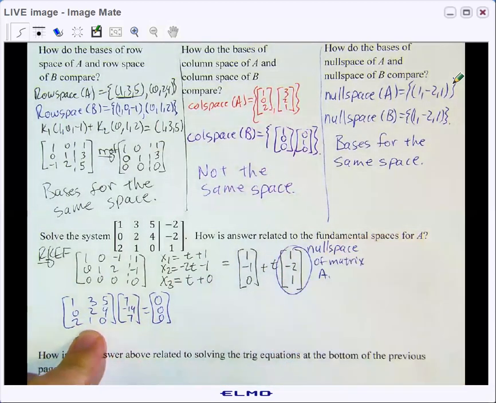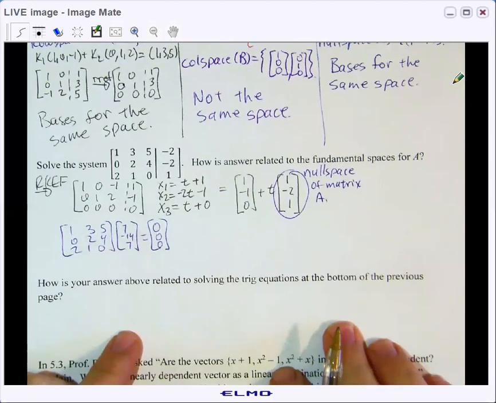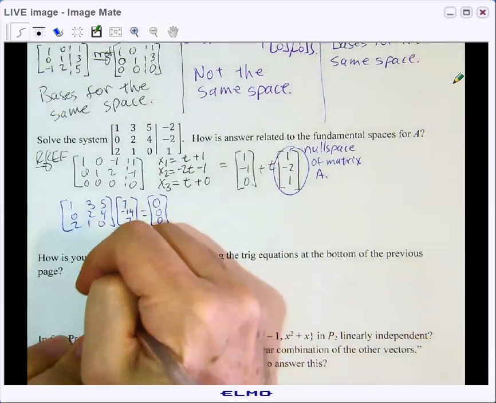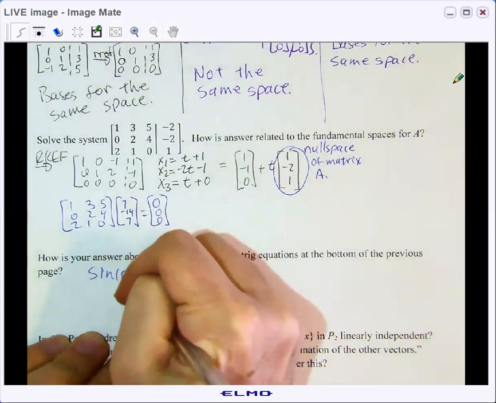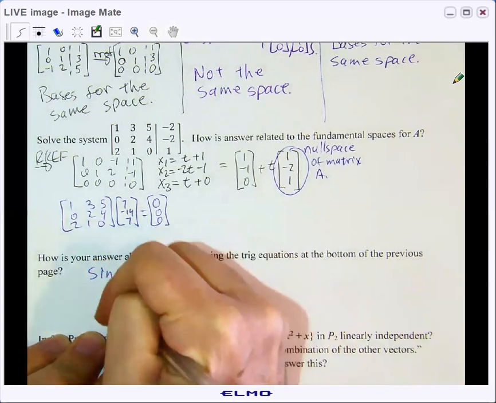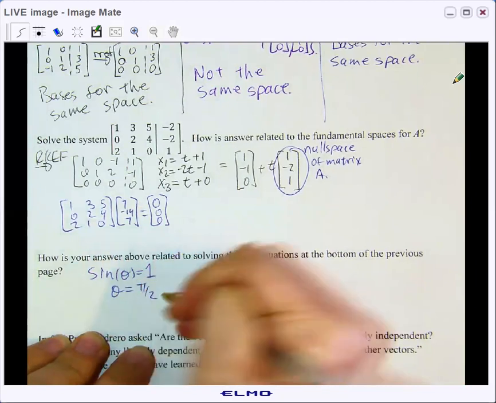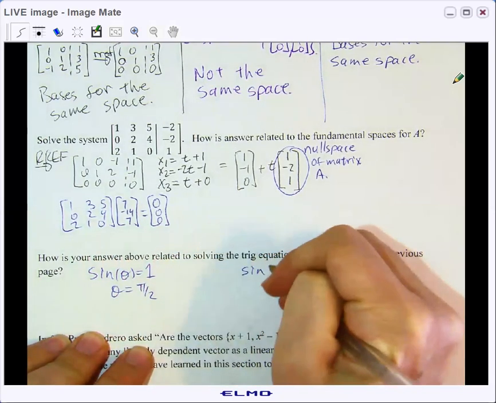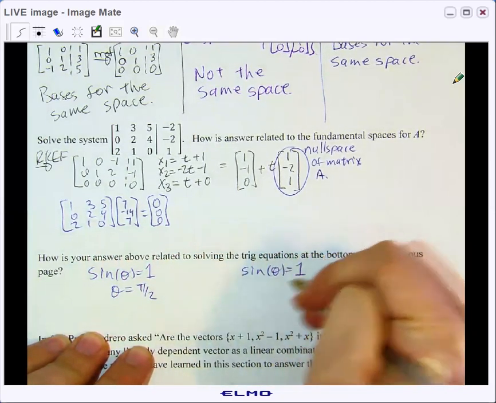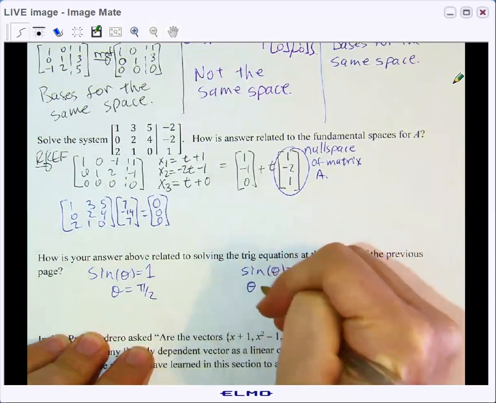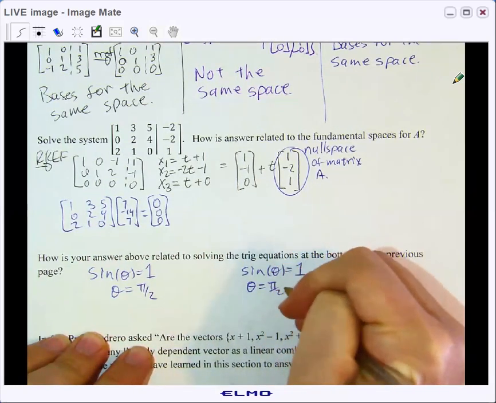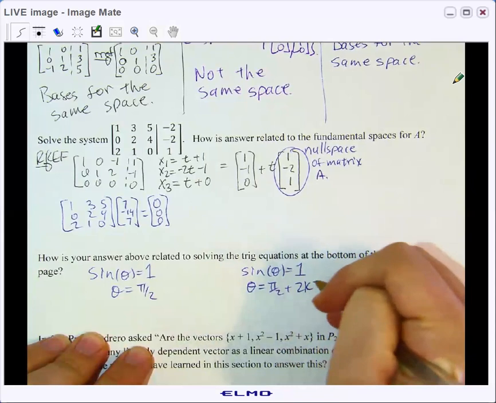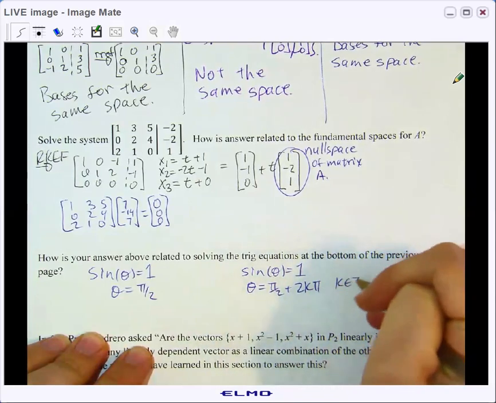He acts a lot like what we saw earlier, so let's jump down to that right now. Remember how we saw that sine of theta was equal to 1. We had theta equals pi halves, but if we wanted the general solution, we had pi halves plus 2k pi, where k was an integer.